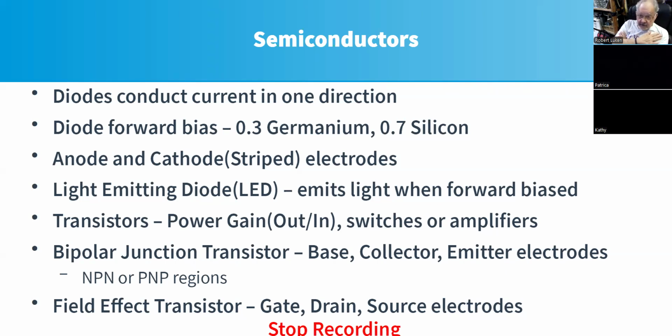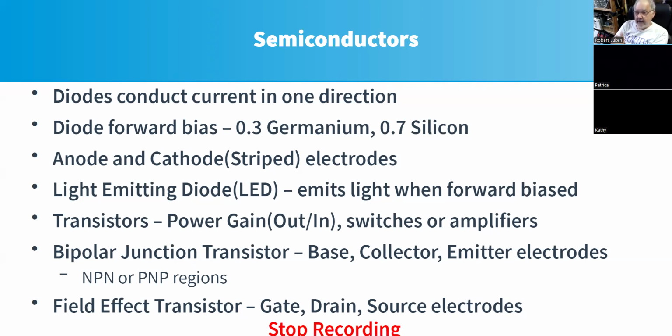Next, we went into transistors, which is a diode junction with yet another piece of semiconductor. So we can have a sandwich, which is a P material, N material, and P material, or N material, P material, and N material. We call those PNPs or NPNs.